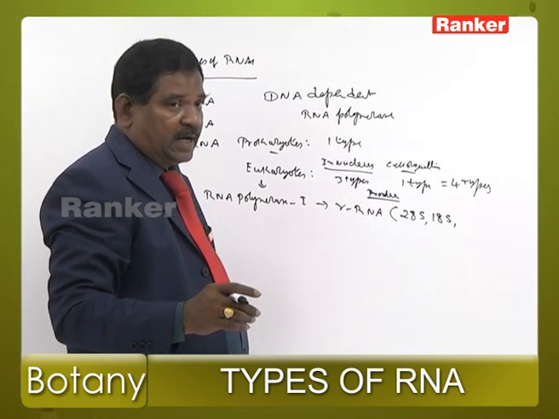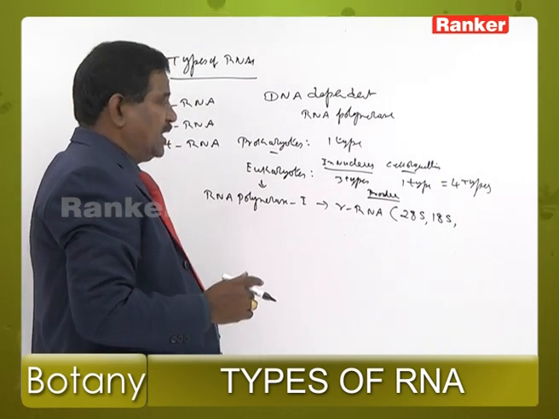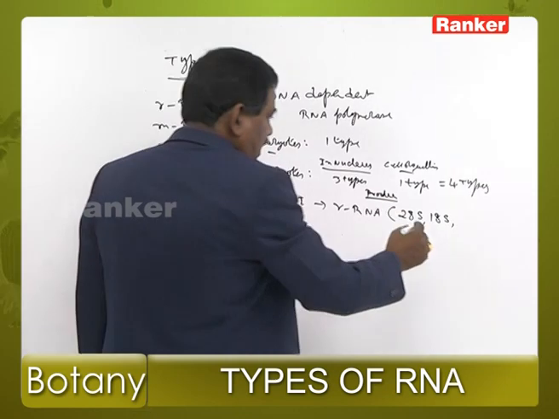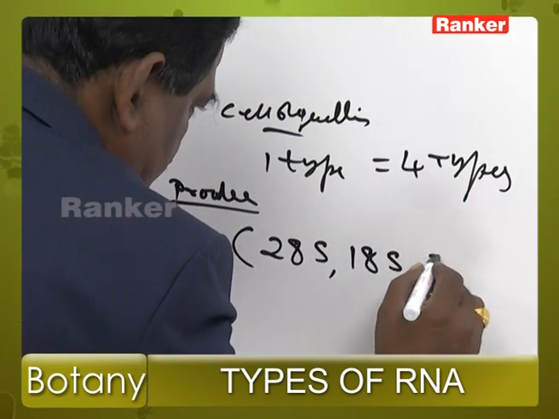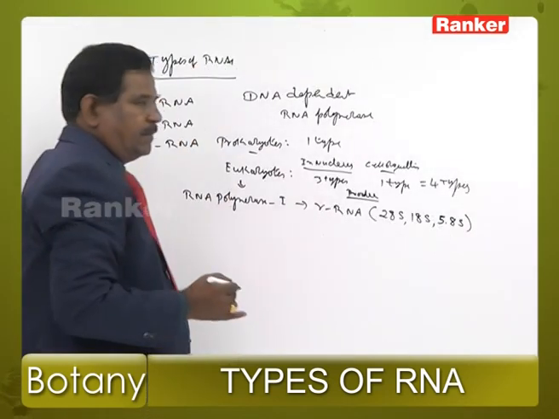This ribosomal RNA has 3 types: 28S ribosomal RNA, 18S ribosomal RNA, 5S ribosomal RNA.